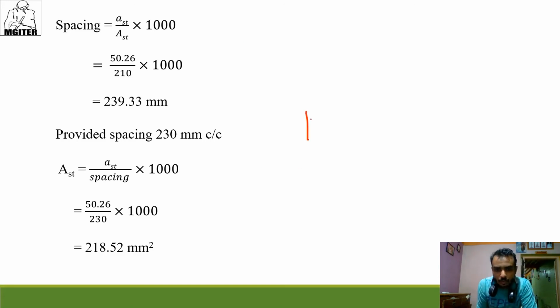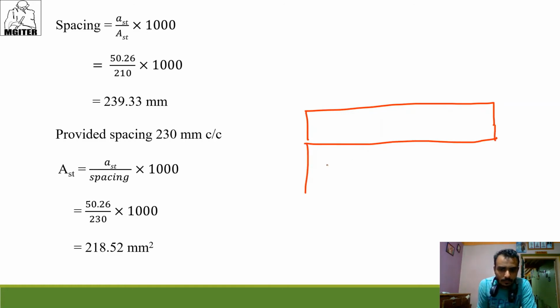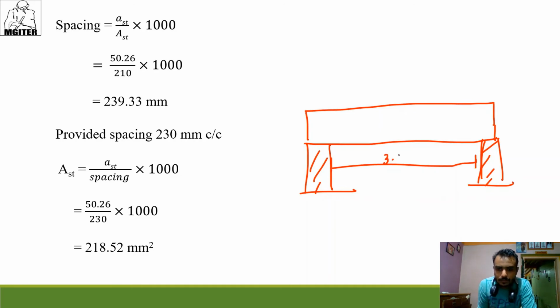Okay, if I draw the cross section of the slab, you can see it's a wall here, and the wall has a 3.2 clear span.